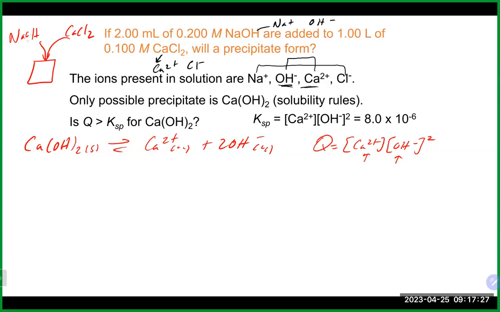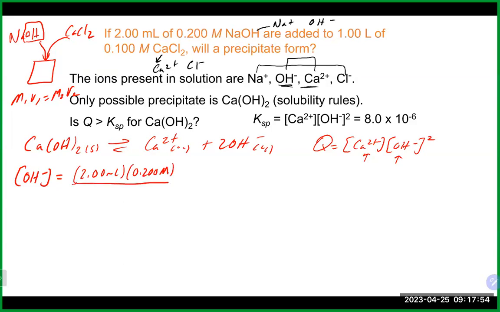The sodium hydroxide is the source of hydroxide in this case. And that means that the concentration of hydroxide, when we toss it together, you could do a little M1V1 equals M2V2 action. In this case, for hydroxide, we have 2 milliliters times the concentration of the hydroxide. And I'm going to divide it by the total volume.